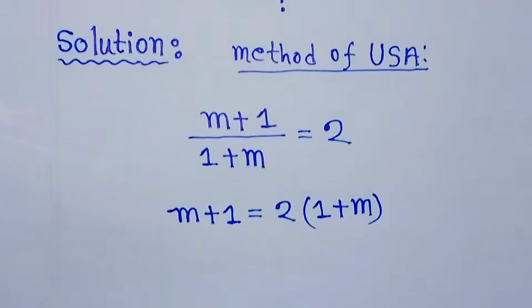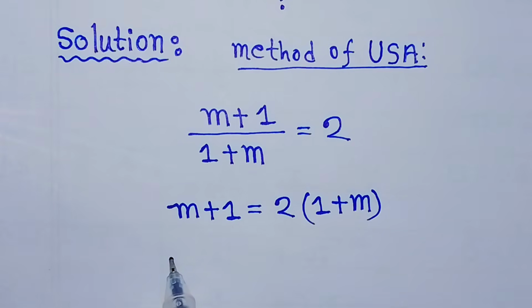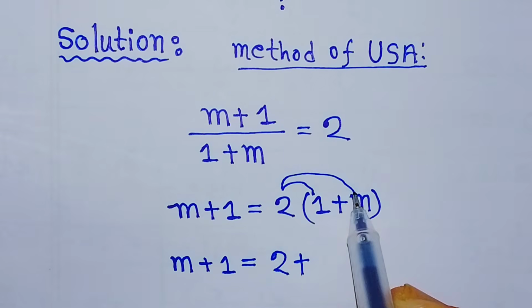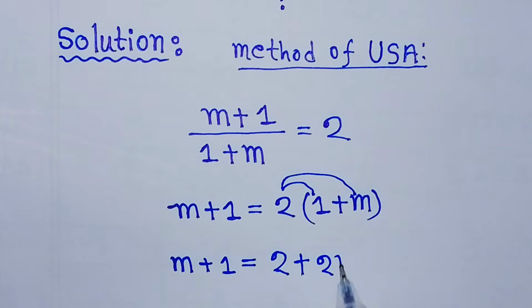Alright, after that we can write m + 1 is equal to 2 times 1 will be 2 plus 2 times m will be 2m.